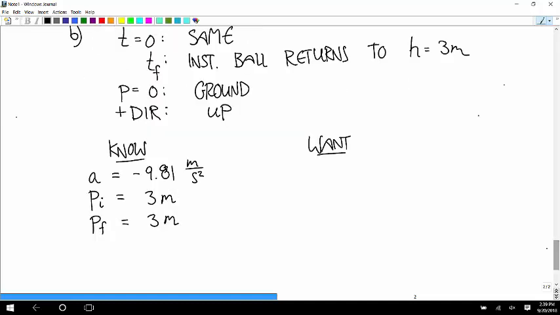Do we know the initial velocity? Yeah, that's the same as it was before, 10 meters per second. And we don't know the final velocity. That's what we're trying to find.